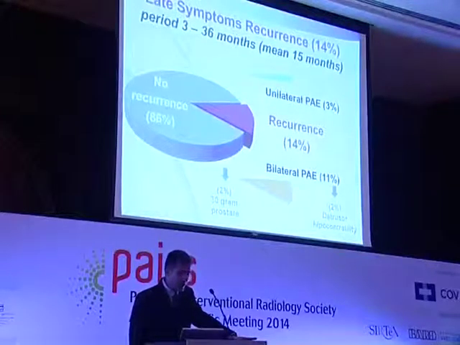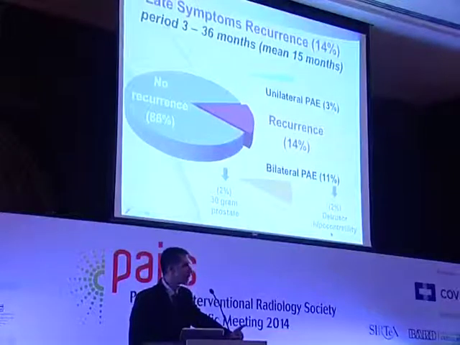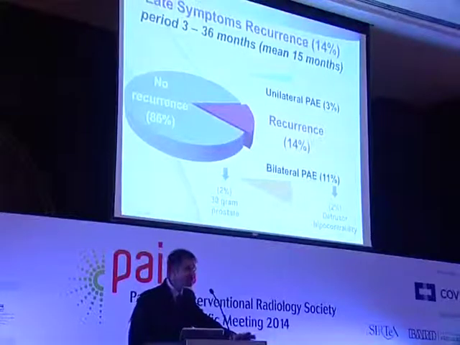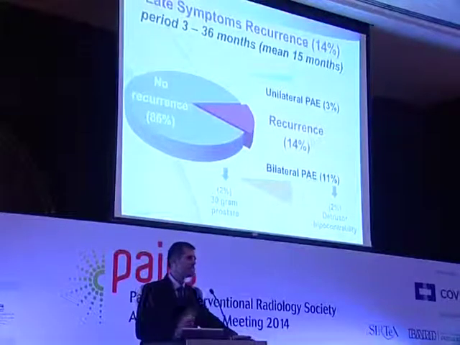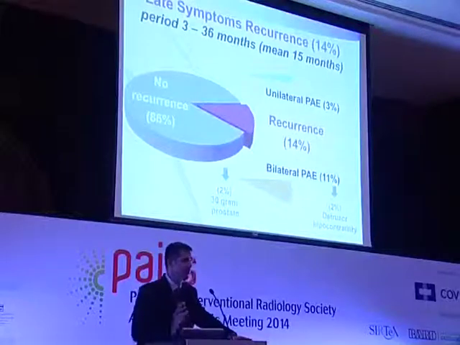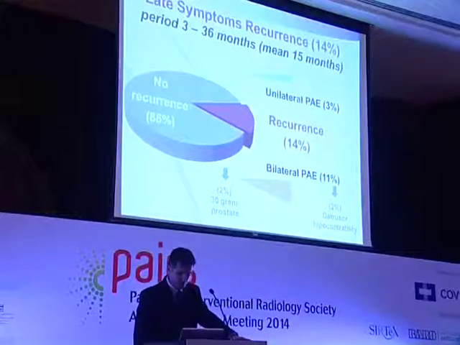But we could check that 2% of these 11 had detrusor hypocontractility, which means the bladder is not working well. And another 2% were in patients with a 30 gram prostate. That means that, in our opinion, 30 grams, 40 grams are not very good candidates for this procedure.